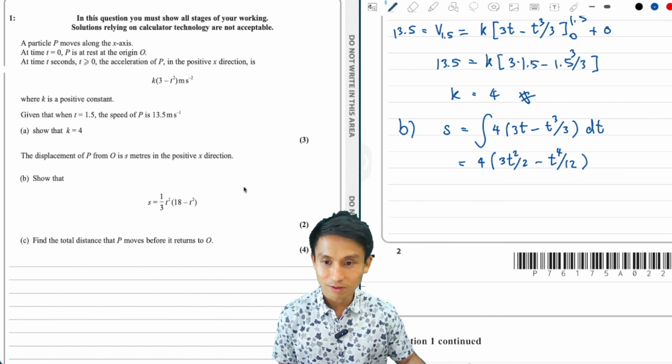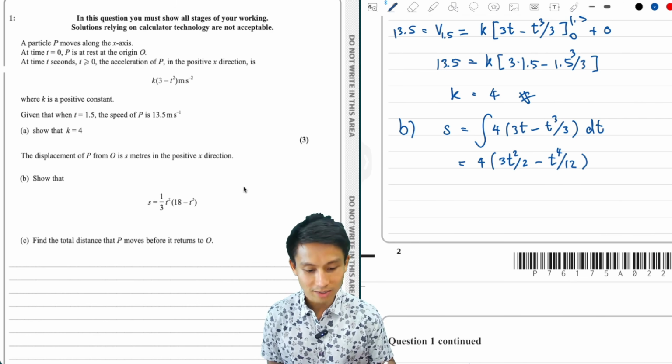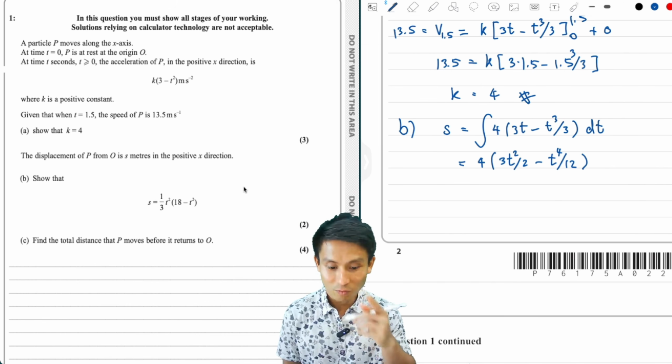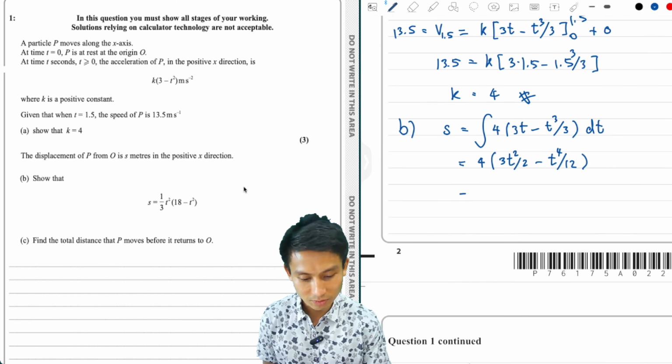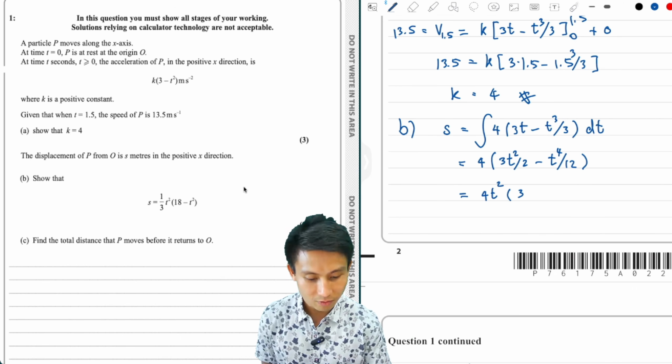Seems like I need to pull out t squared. If I pull out t squared, and then 1 over 12 maybe. So I'm going to do 4t squared, and then I have 3 over 2 in here, and minus t squared over 12.